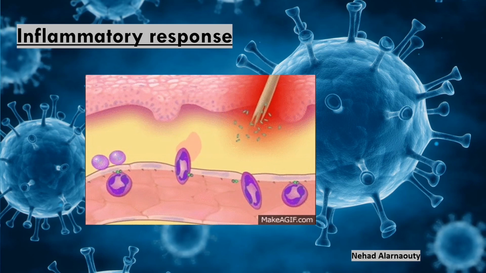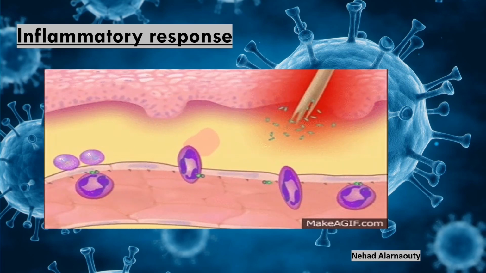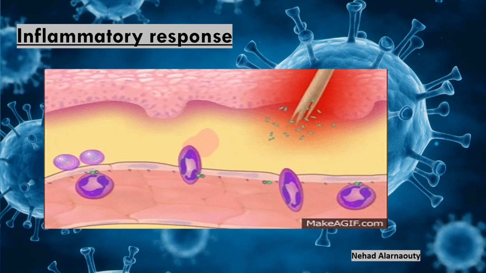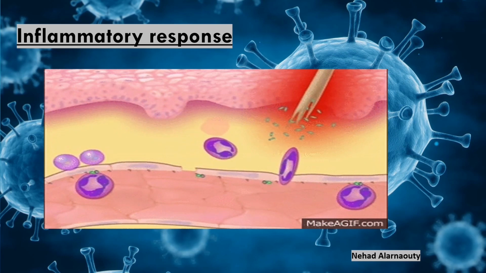The symptoms of inflammation are redness, heat, swelling of that part of the skin, and it's painful. Now, what happens when a mosquito bites you, or when you get injured by a nail or a needle, which may be contaminated by microorganisms, bacterial cells or viruses? This is the main cause of the inflammation.